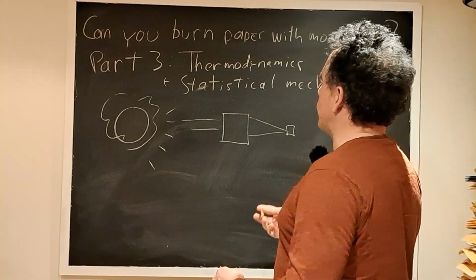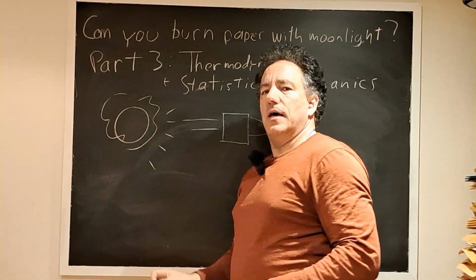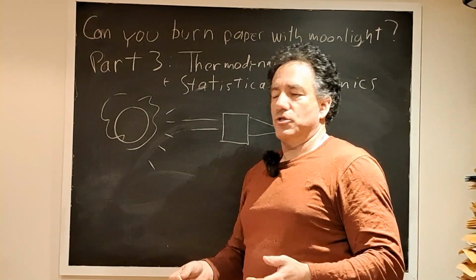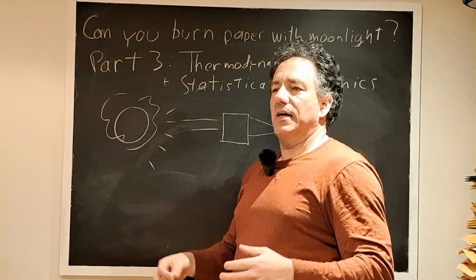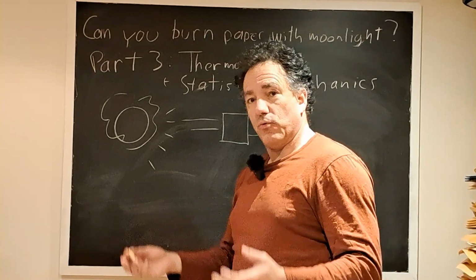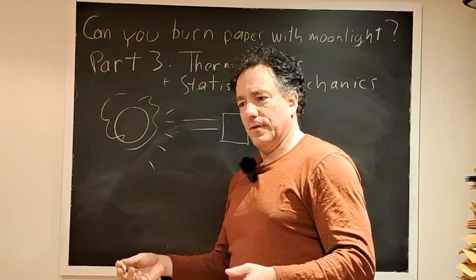So the first thing is we have to see that the sun emits some light, and the sun can be considered a black body. So a black body is a body that emits light according to a certain spectrum, and that spectrum only depends on its temperature.